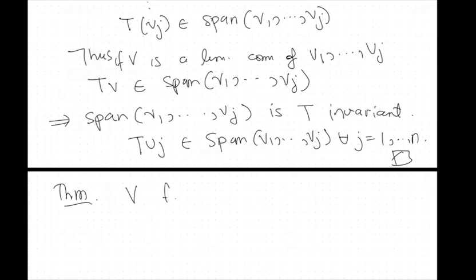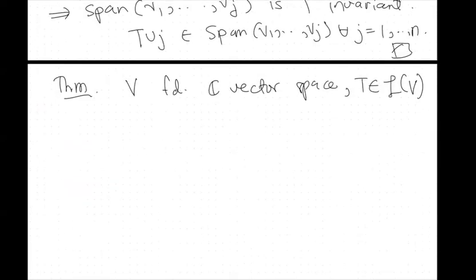Let V be a finite dimensional complex vector space, and let T be a linear operator.